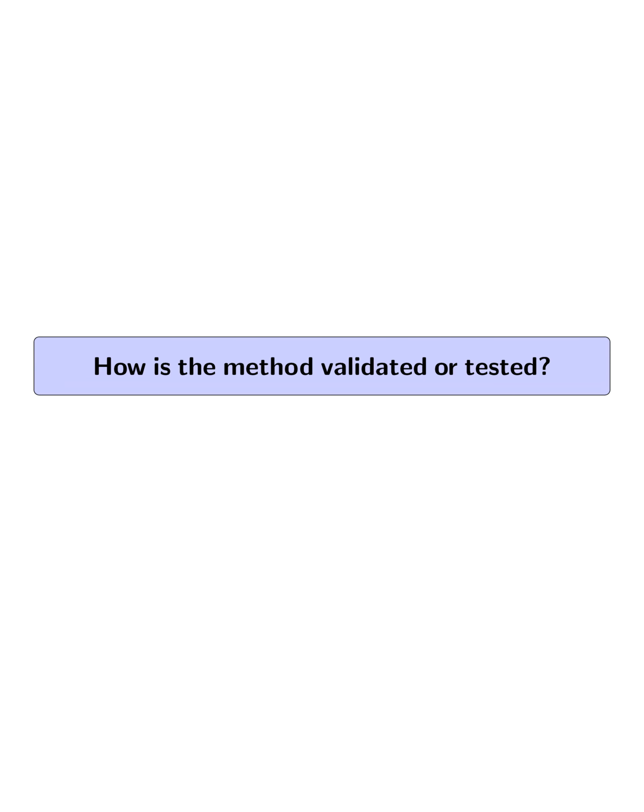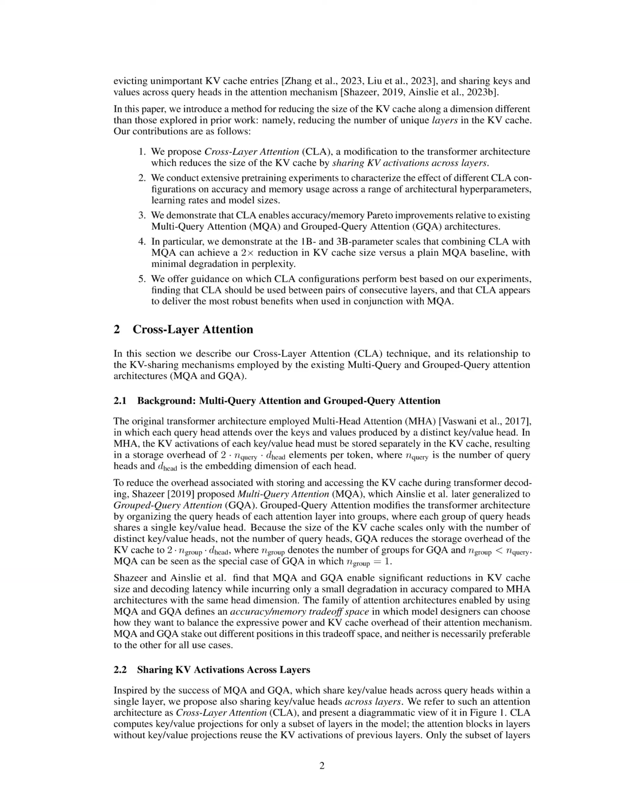How is the method validated or tested? The method proposed in the paper, cross-layer attention, CLA, is validated through extensive pre-training experiments to characterize its impact on accuracy and memory usage across various architectural hyperparameters, learning rates, and model sizes.